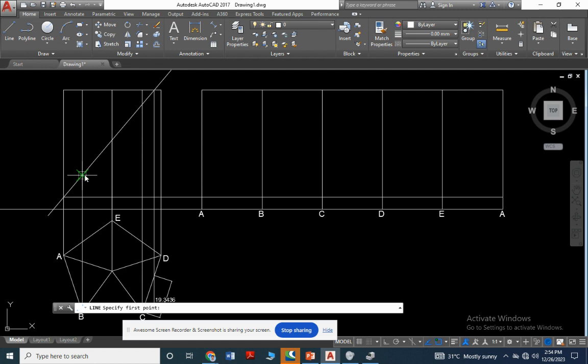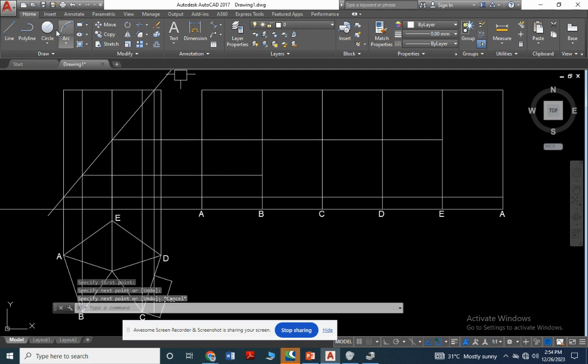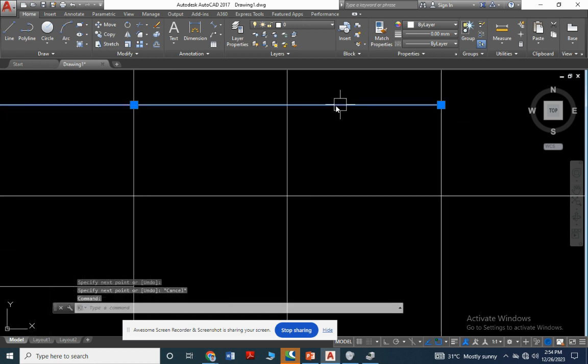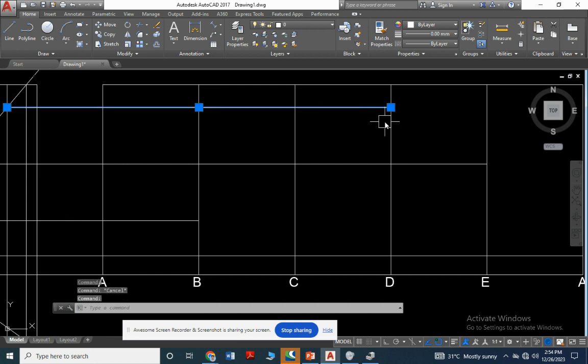Then the line, this line is B, so up to B. Again, E up to point E. Then the line from this point C up to C. And the D point, again here.